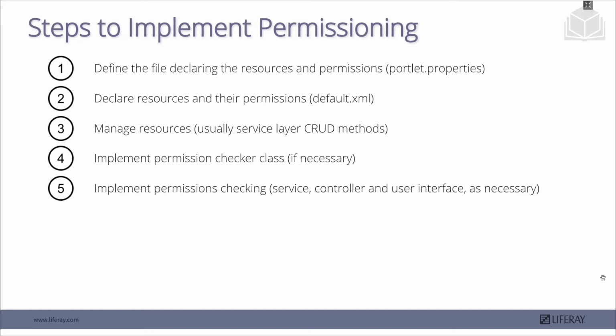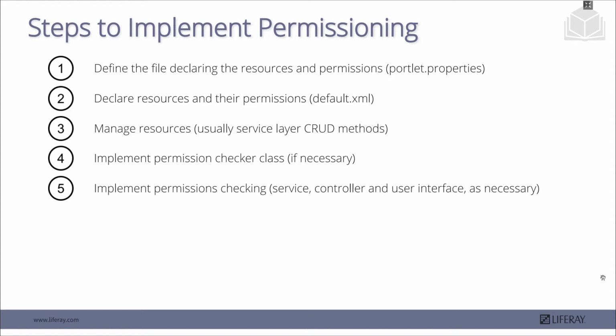Next thing is within that permissioning file called default.xml is where we define what our permissions are, what our resources are. So what actions can we perform on a resource? We then will go through and add management of those resources, the abstract generic object.